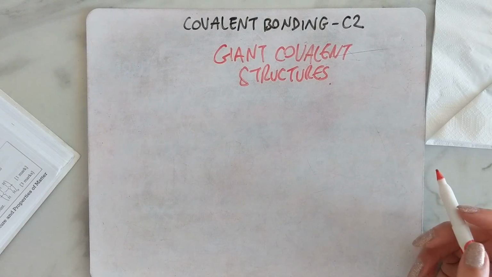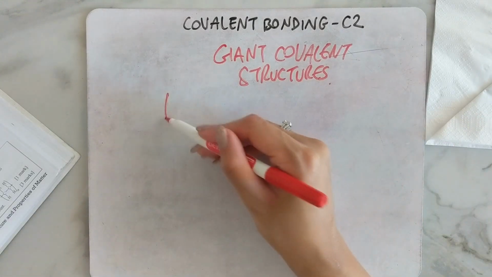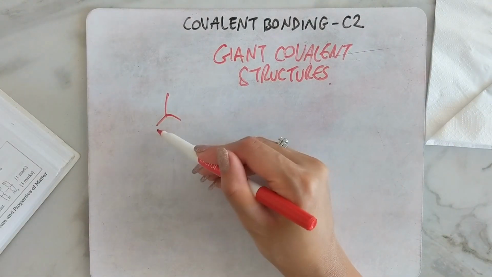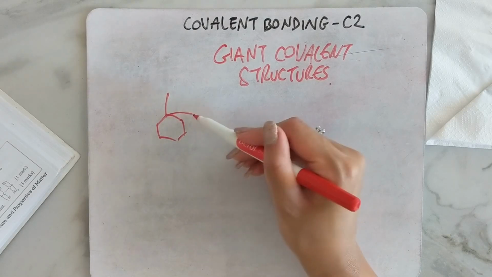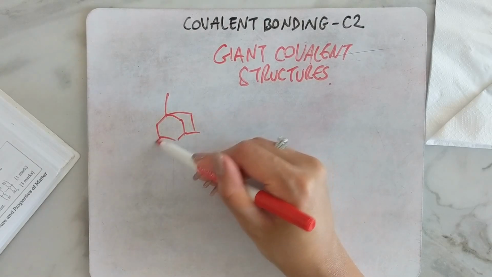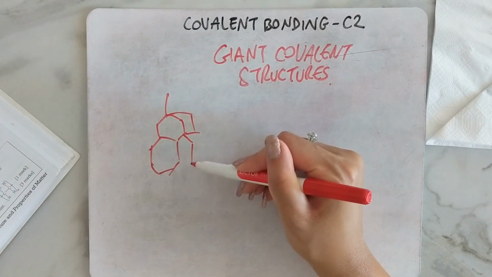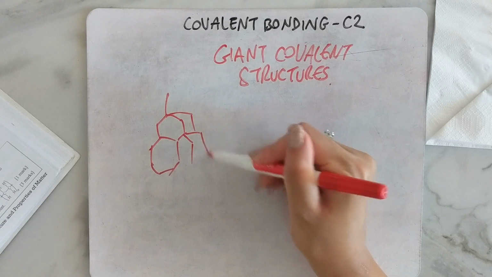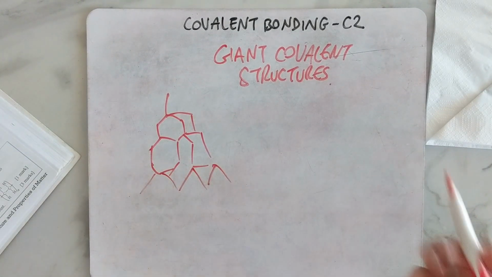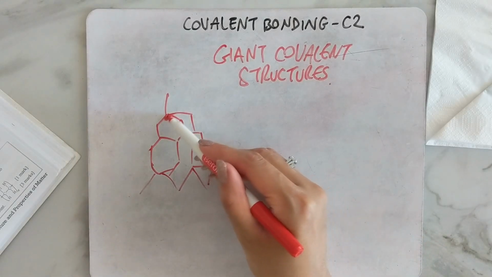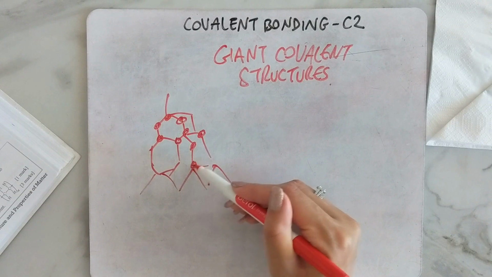So diamond has a really rigid structure. If I just briefly try and sketch it for you, something like this. Really, really rigid structure. Oh, I don't think I'm doing a good job here. You just need to see that it's a rigid structure, and all of these here are carbon atoms.